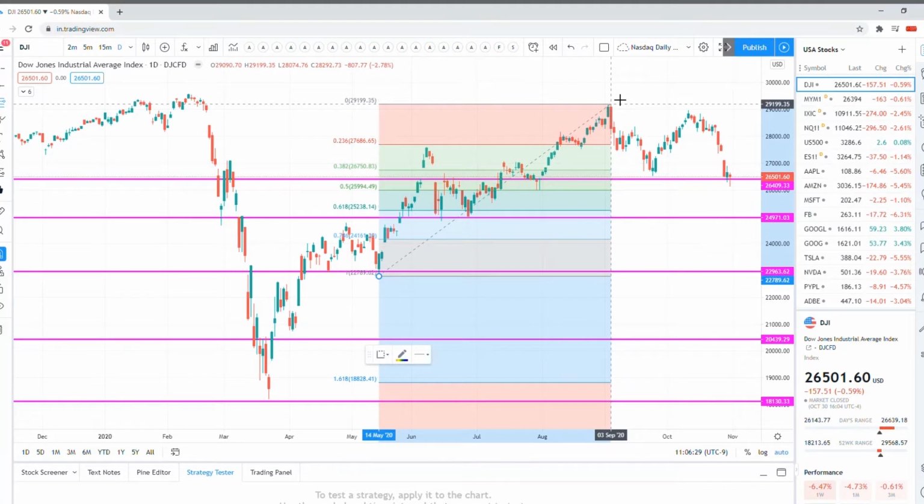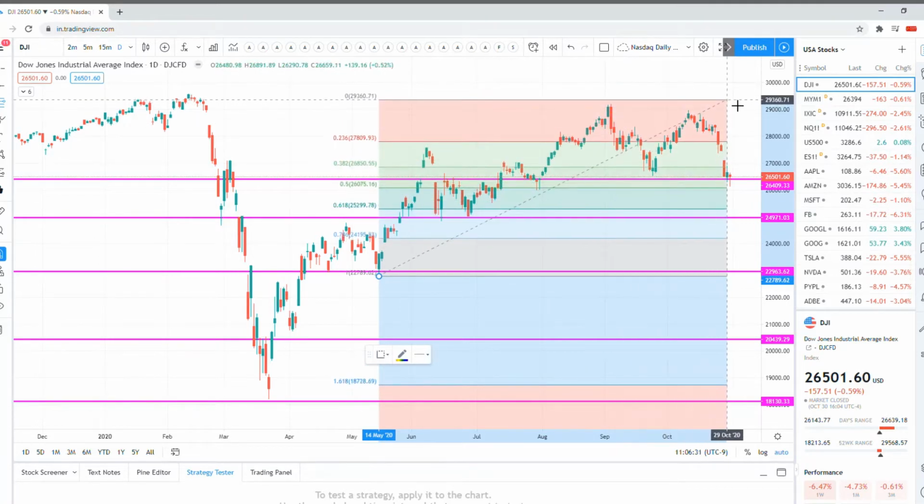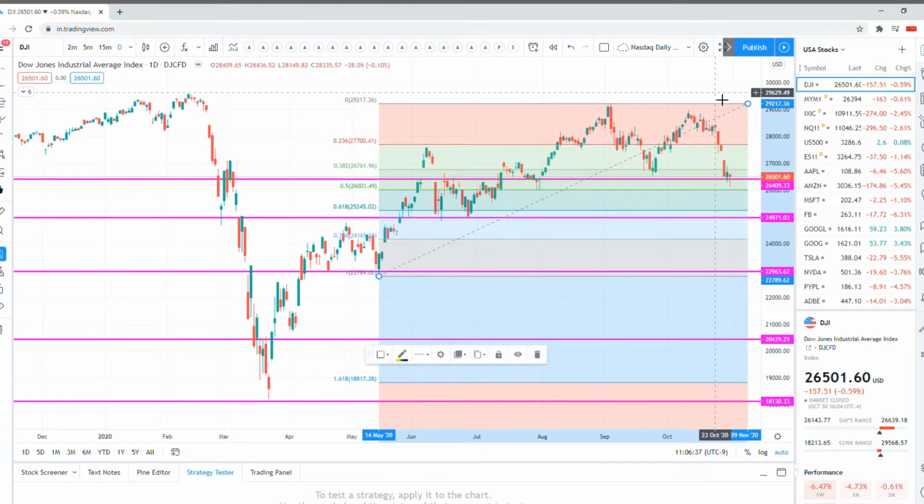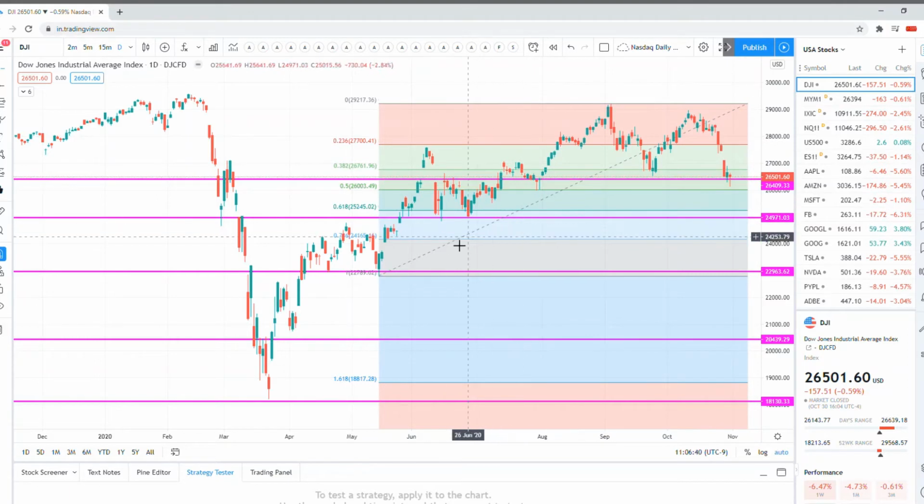Okay, so we have taken this point as the low and this point as the high.